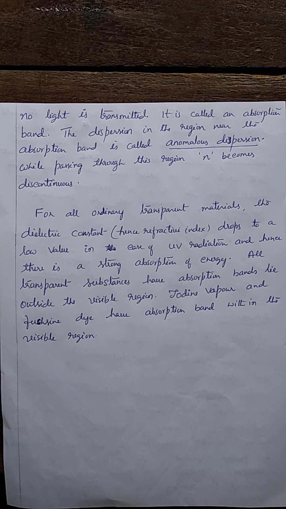In the case of visible light, absorption bands are produced in materials such as iodine vapor and fuchsine dye, which is a brilliant dark red dye. For these two, absorption bands are produced in the visible region.